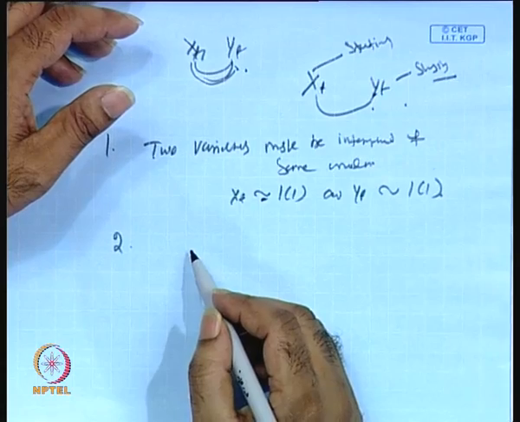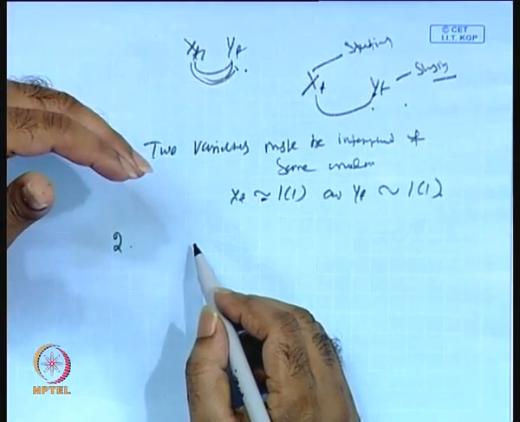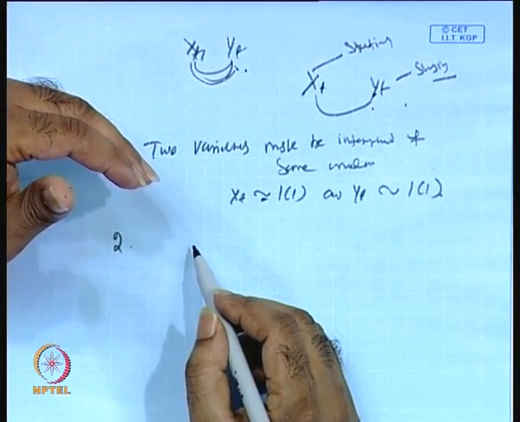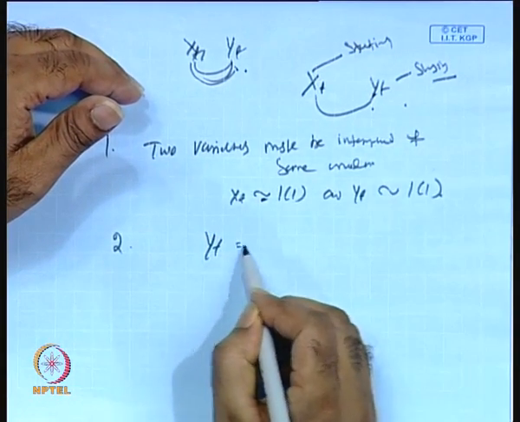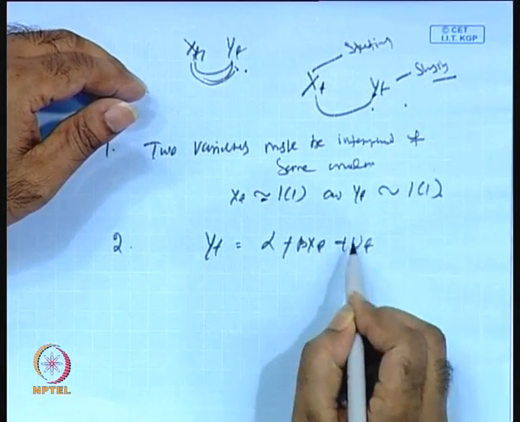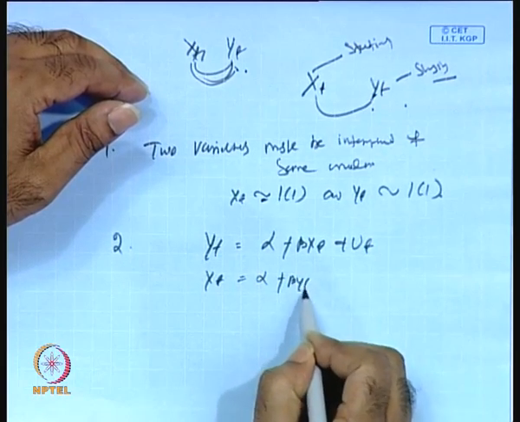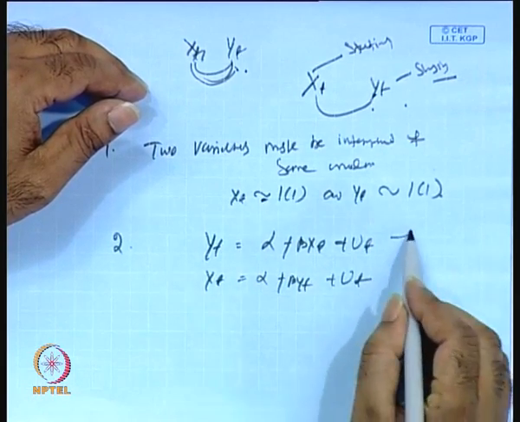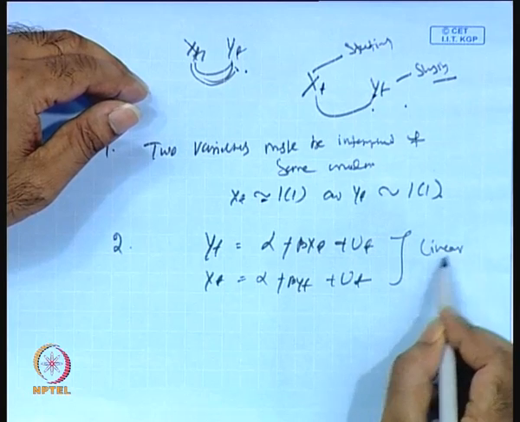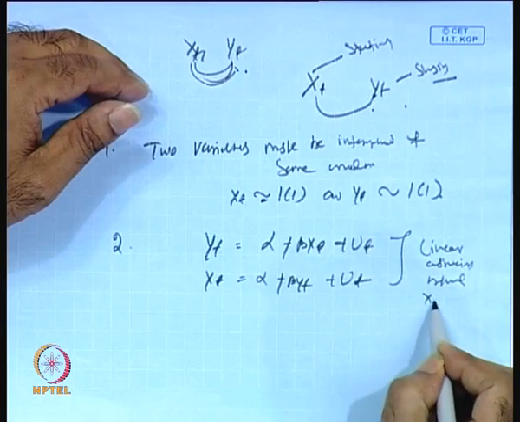The second step is to establish the linear relationship between the 2 variables. That means y t equals alpha plus beta x t plus u t. Okay. Or else x t equals alpha plus beta y t plus u t. Okay. So, there must be a linear association between x t and y t.